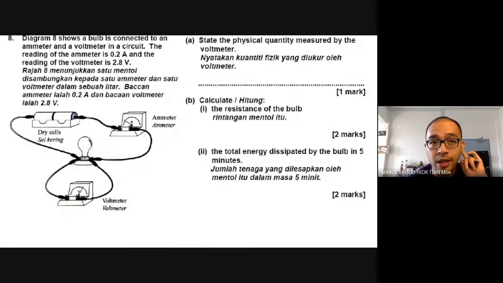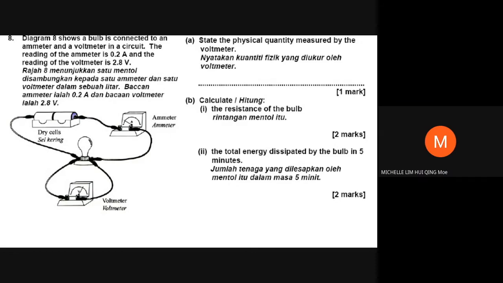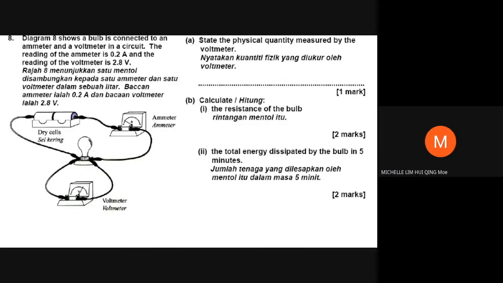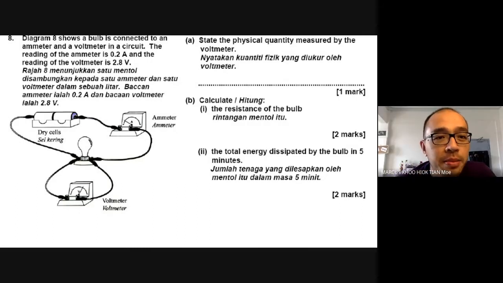Next, state the physical quantity measured by the voltmeter. Electromotive force. Really? No. Hold on now. The switch is on and the current is flowing, so it cannot be electromotive force.